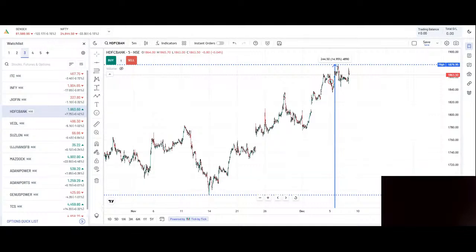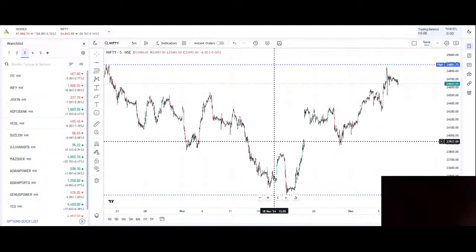What I request everyone is to analyze the stock along with me, why it has been moving like this. You remember when Nifty was falling, HDFC was going strong. If I open up the charts of Nifty, Nifty was falling down in the entire month of October and went down till November 21st.